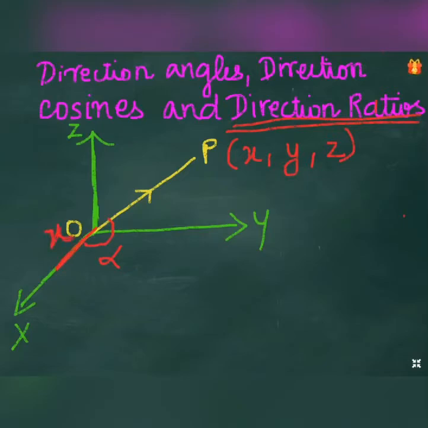Let us mark this point as A. So OA is of x length. Now let us join this point A and P.